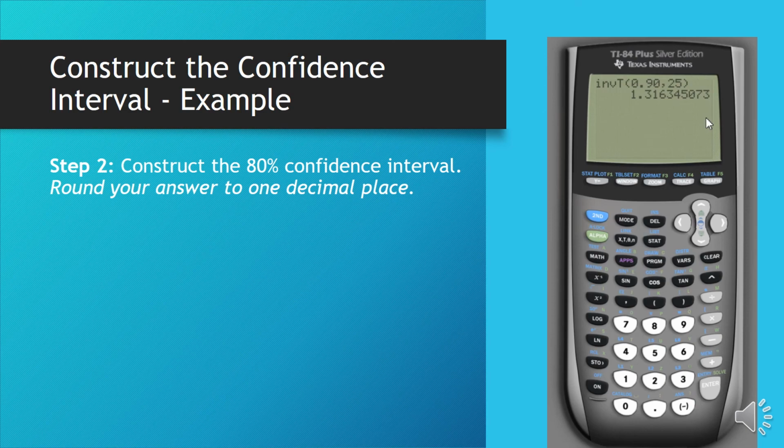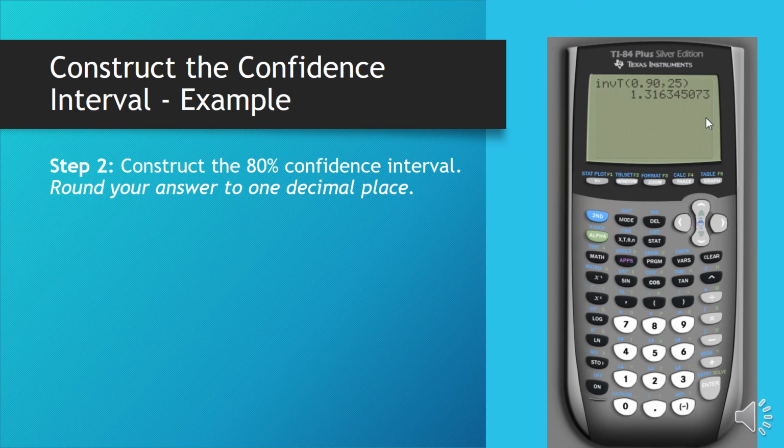These steps are going to look similar to what we did in the beginning of the video with the Z interval. So you're going to go to STAT, go over to TESTS. Then you're going to scroll down to option number 8, which is TInterval. Hit enter. Then you're going to have two options. You have the data option and the stats option.